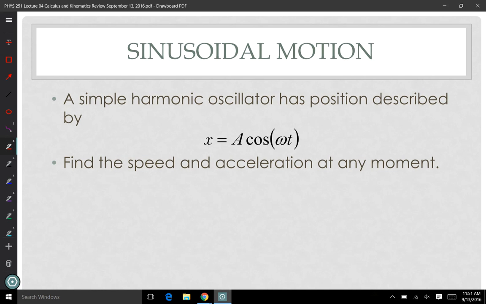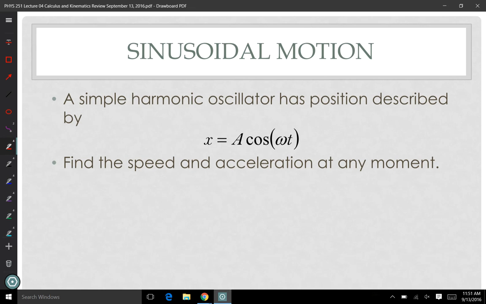So those are two of the likely things you can have on the test; it has to be a variation on one of those two. You know, it's going to be calculus. And so this here is a variation on what we've already done. We have an equation, x is a function of time, and it says find the speed and acceleration at any moment. Well, that's basically what we've done, right?